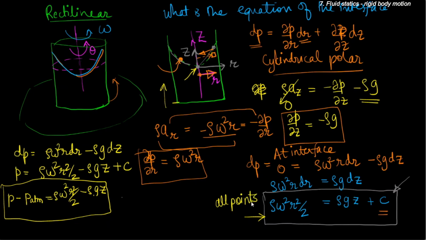All the points on the interface are parameterized by a combination of r and z which satisfy this particular equation. So if this particular equation satisfies the equation of the interface, you can substitute exactly this expression over here, and the right hand side will become 0, implying P equal to P atmosphere on the interface. So both these equations are consistent, but this equation can help you find out the pressure at this point or at this point or at this point, any point.